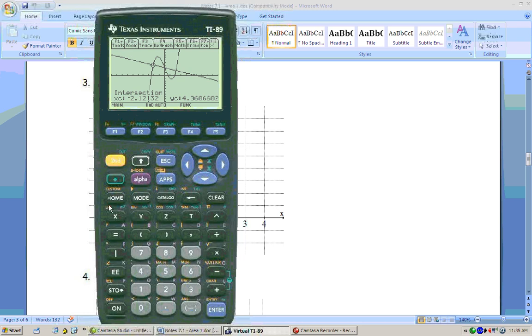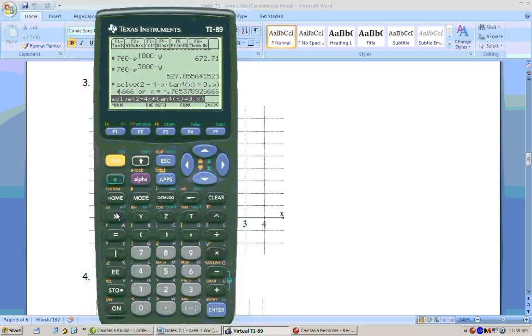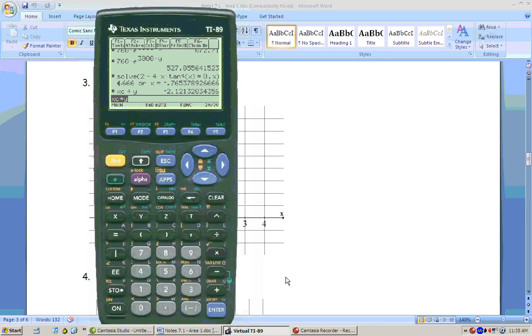So what I'm going to do is go immediately to the home screen and type in xc. So I'm going to have to do x and then alpha c. And I'm going to store that, it's the STO button, in y. I don't know why you can't keep it in xc, but it doesn't work very well. It kind of screws things up, because I'm going to have another xc as soon as I find that other point of intersection.